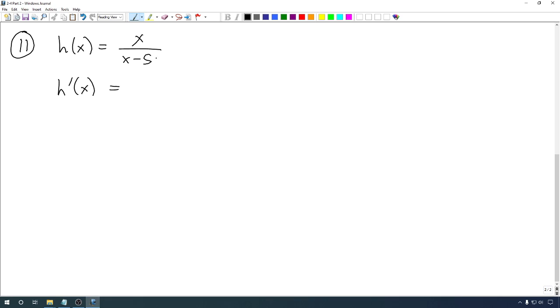So the derivative, I take the derivative of the top. The derivative of x is 1 times the bottom, not the derivative of the bottom, just whatever's already there on the bottom, then minus the top as it already is, the x that we have, times the derivative of the bottom. Derivative of x minus 5 is 1. And then I'm going to divide by whatever's on the bottom, this x minus 5 squared.